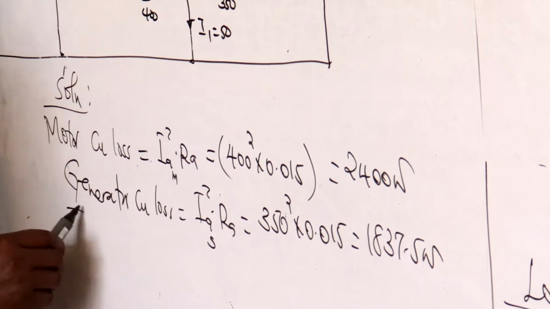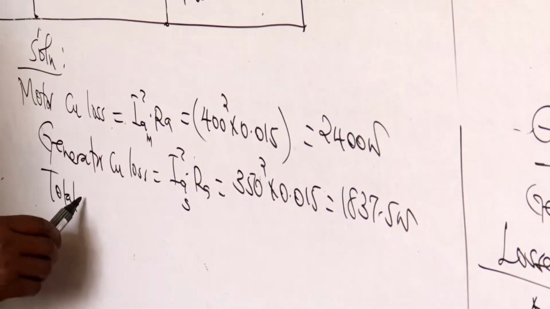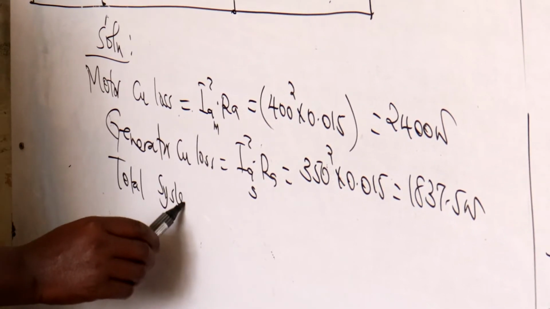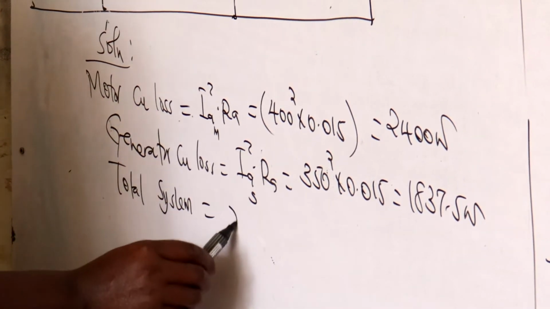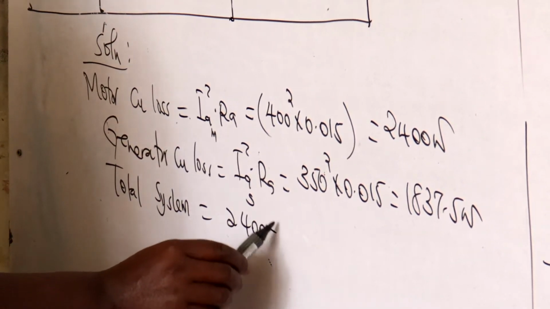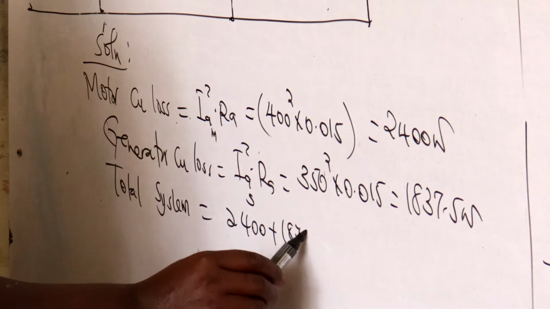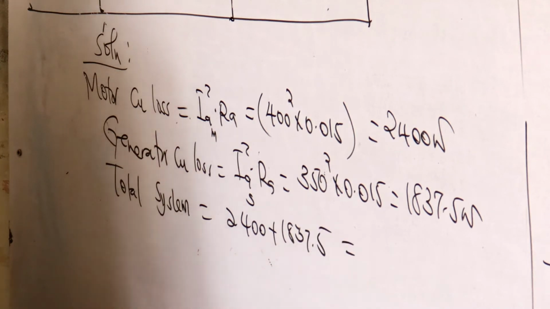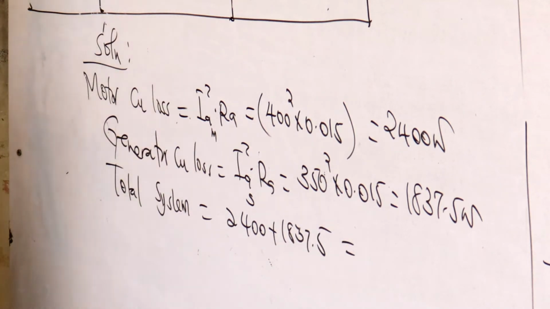So what is the total loss? Total system loss. We add the two, that is 2400 plus 1837.5, and we get the total, 4237.5.